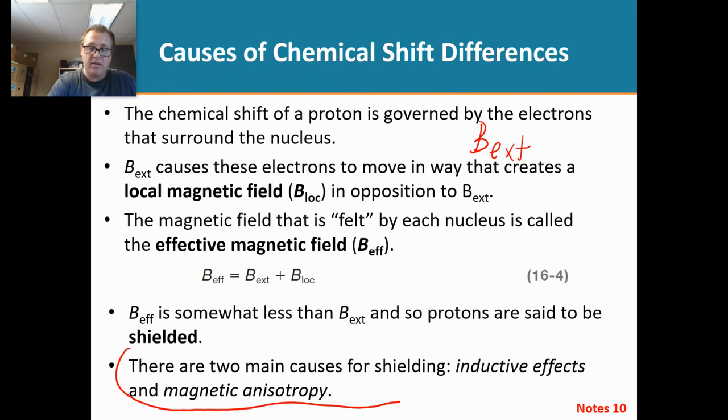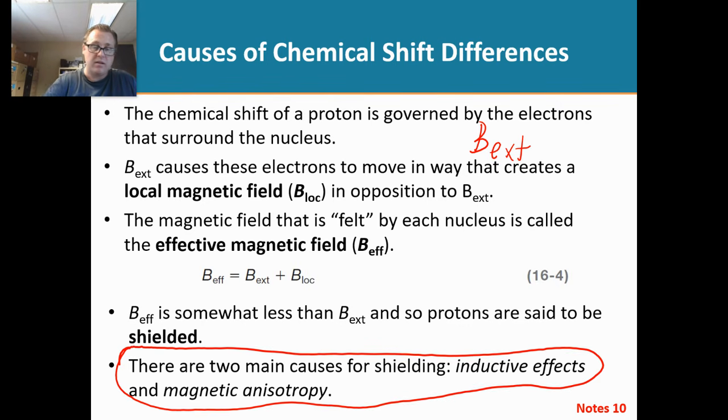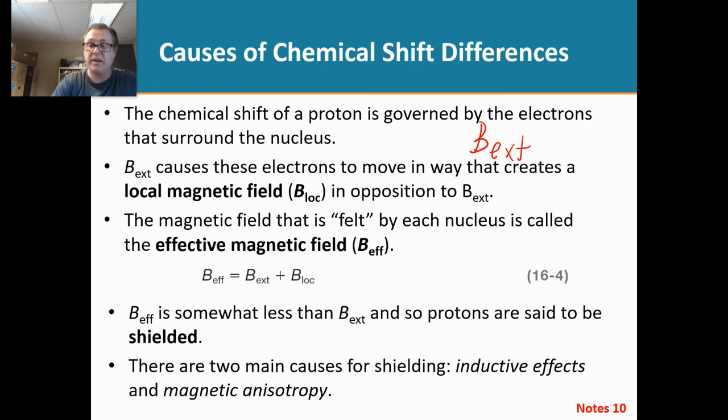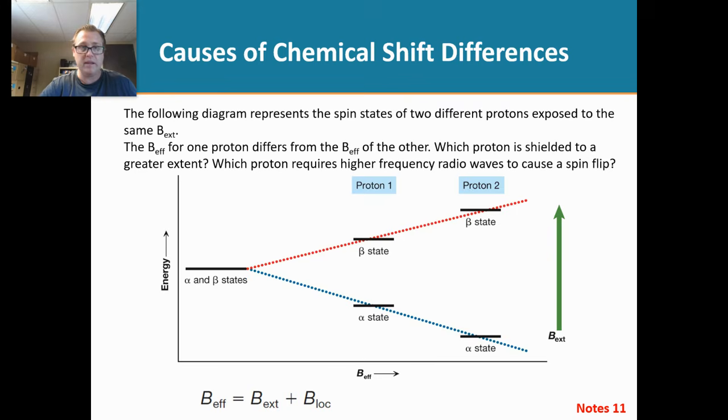Right here are the main ideas of why there's a difference in shielded and deshielded protons. One is the inductive effect and one is magnetic anisotropy, which we will talk about in detail shortly. But I want to make sure we understand this B effective idea.